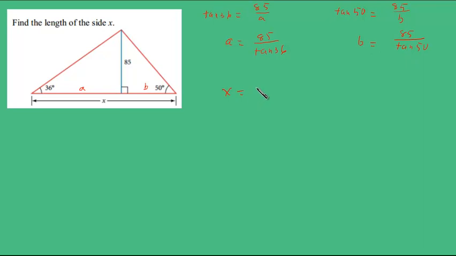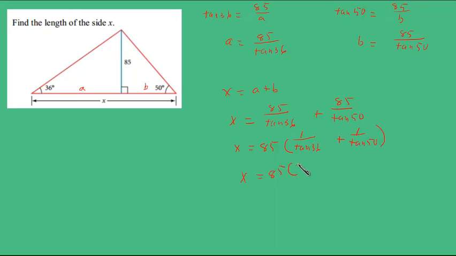X is A plus B, so X is 85 over the tangent of 36 plus 85 over the tangent of 50. We can take out the common factor 85, and this becomes 85 times 1 over the tangent of 36 plus 1 over the tangent of 50.